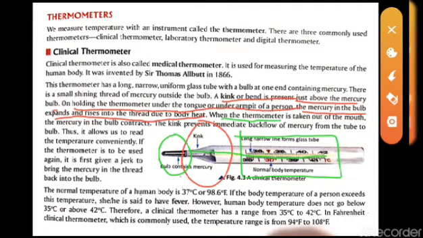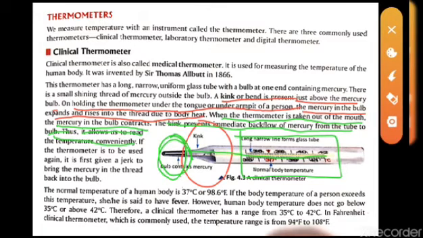When the thermometer is taken out of the mouth, the mercury in the bulb contracts. The kink prevents immediate backflow of the mercury from the tube to the bulb. Thus it allows us to read the temperature conveniently.